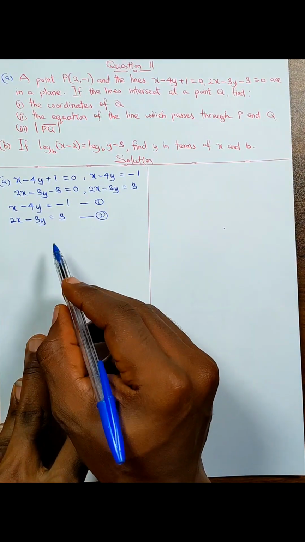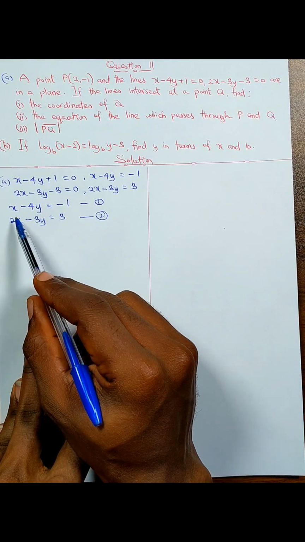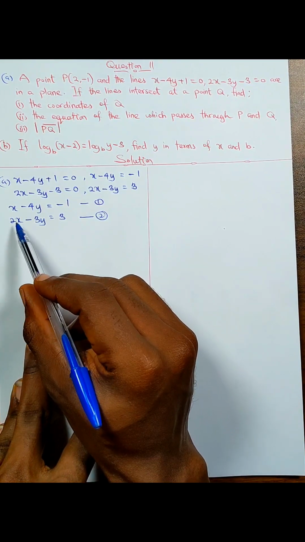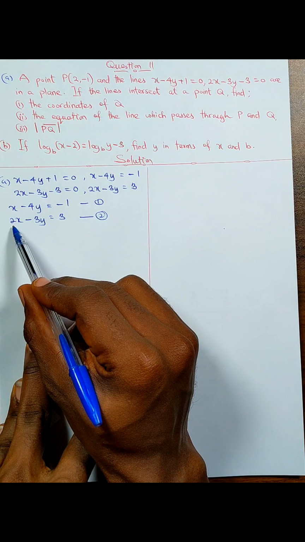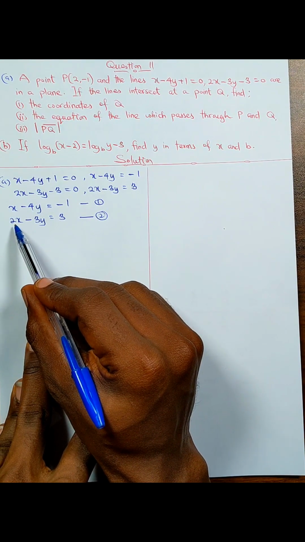So I would solve this by elimination. I will multiply equation 1 by 2 so that the x terms will all have 2 in front of them.